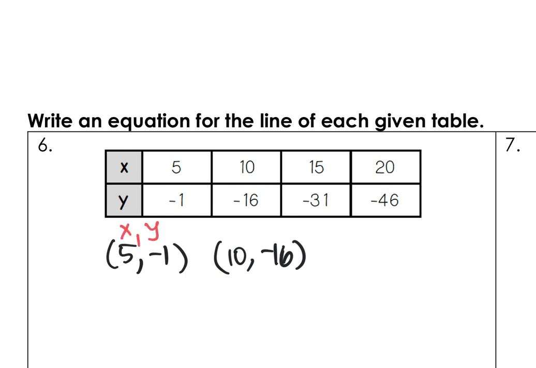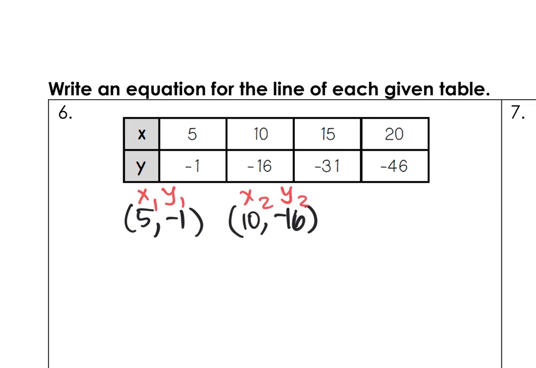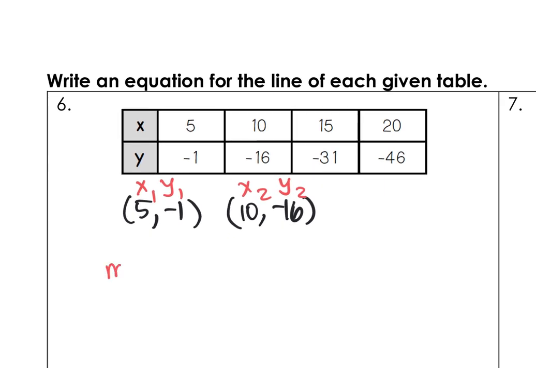So I'm going to label these my x1 and y1, label these my x2 and y2. Use that slope formula. So this is going to be negative 16 minus negative 1, but minus a negative is just like adding. And then divided by x2 minus x1, so 10 minus 5.